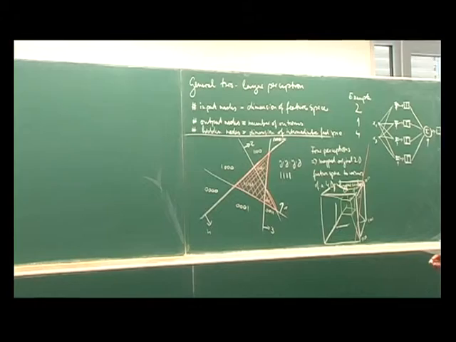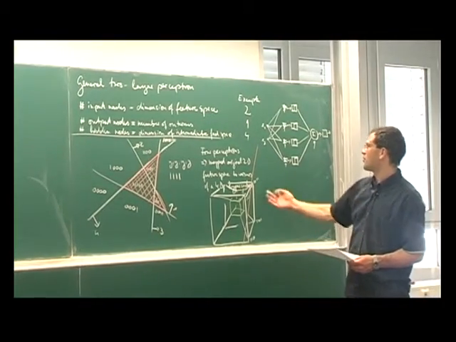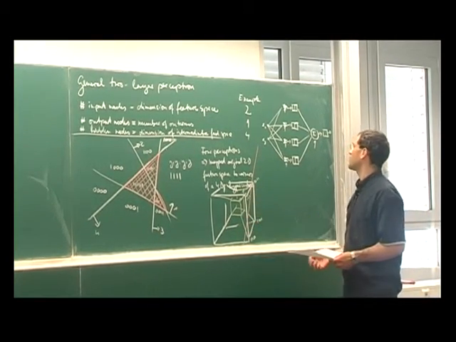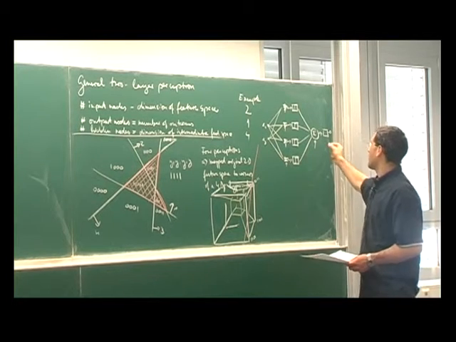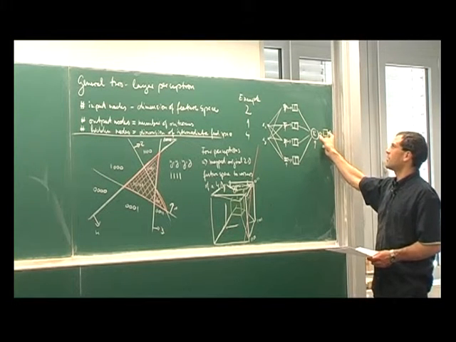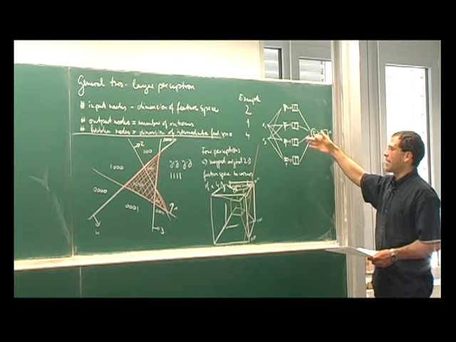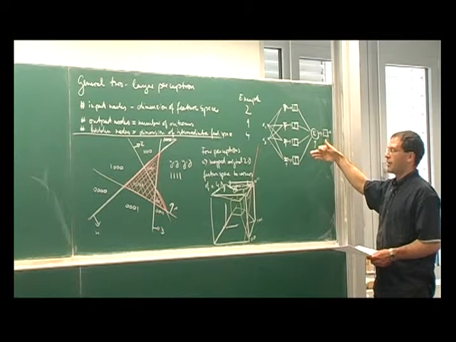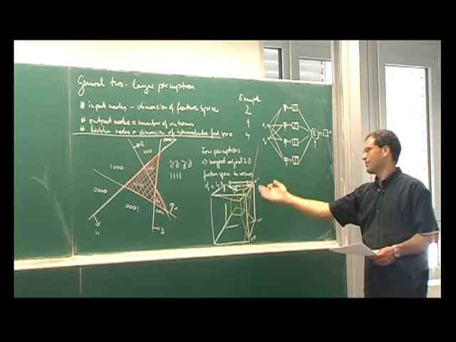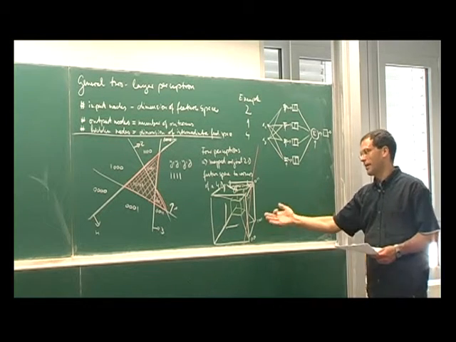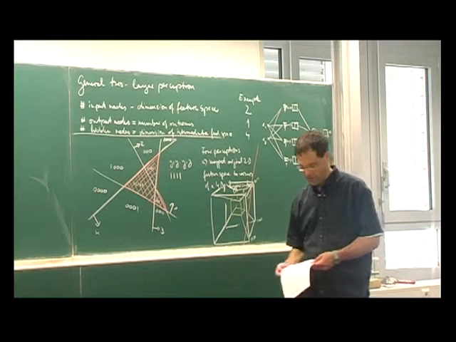And this would be our intermediate feature space. And if I now introduce a single output perceptron here, I can create any decision boundary which can be obtained in this intermediate feature space, so by cutting off some corners of this hypercube.